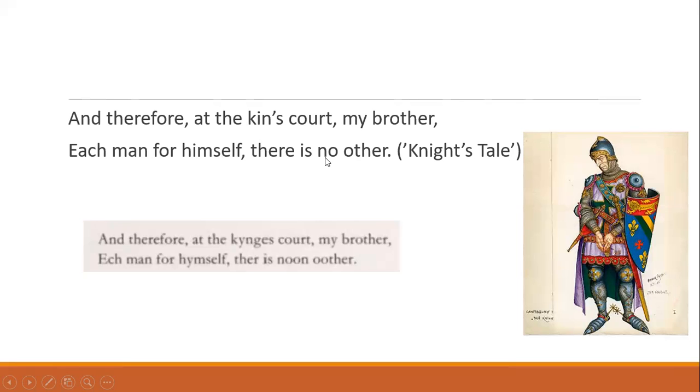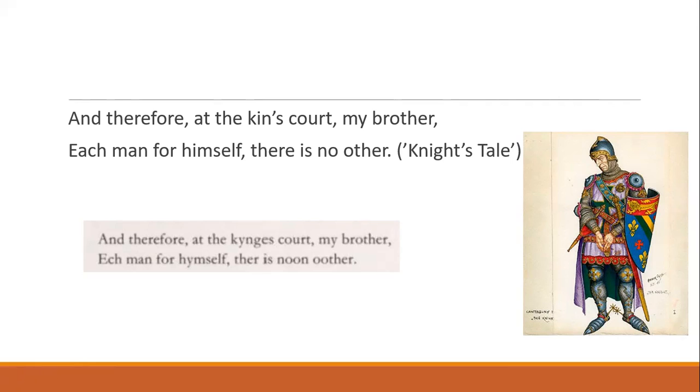Oh, so this part means that for the knight, each man for himself, there is no other person to care about but myself. There is no one to care about but myself. Oh, so you're a knight and you're being selfish? This doesn't make sense. This is not the knight that we know from Beowulf and from Old English. So maybe Chaucer is trying to say knights don't belong to this age anymore.